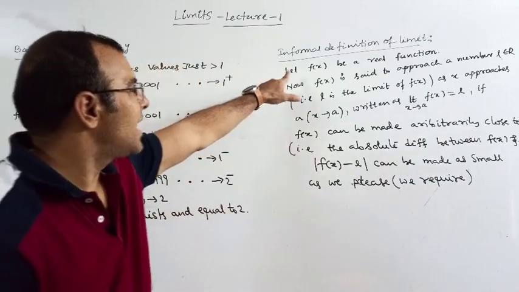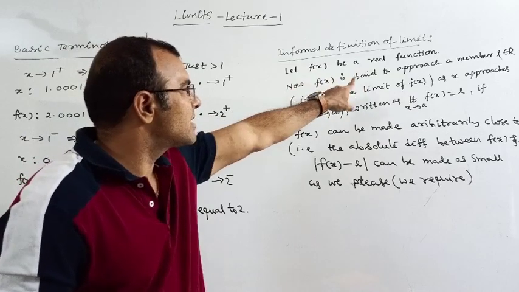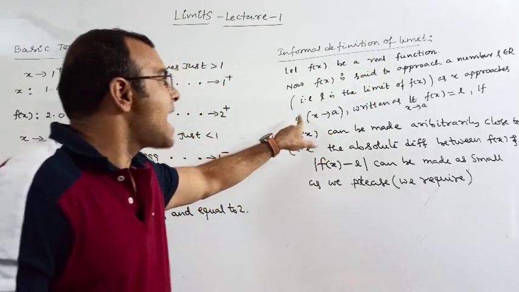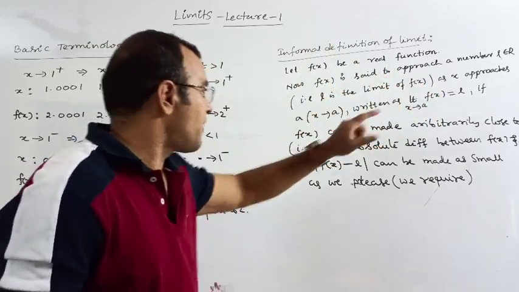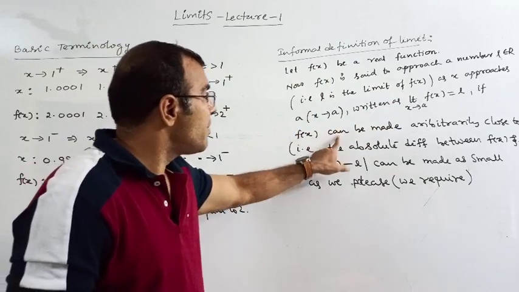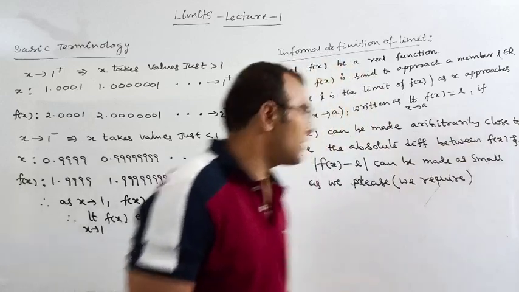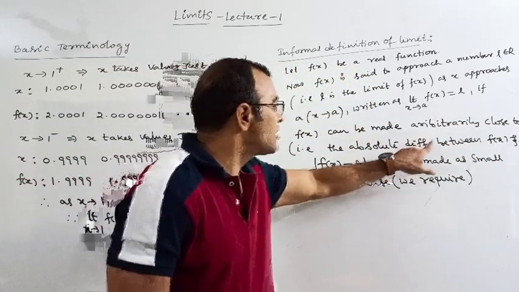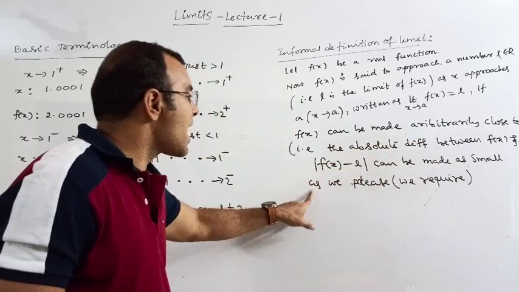Again I am telling, let f of x be a real function. Now f of x is said to approach a number L belongs to R as x approaches A, written like this, if f of x can be made arbitrarily close to L, that means the absolute difference between f of x and L can be made as small as we please.